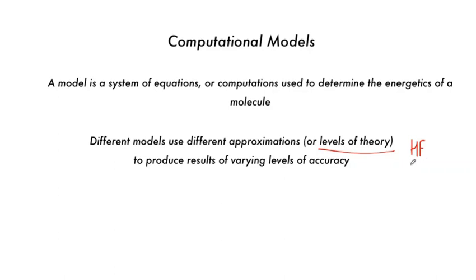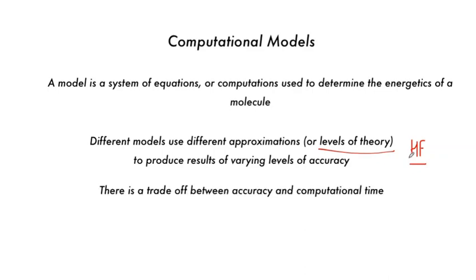For example, if you calculate an FTIR spectra based on your Hartree-Fock calculation, you will expect to see some differences between the experimental and the calculated, because Hartree-Fock doesn't really consider how electrons interact with each other that well. It does make an attempt, but it's not perfect.